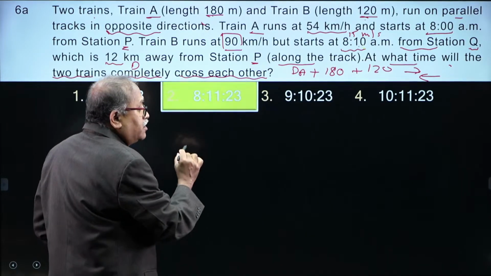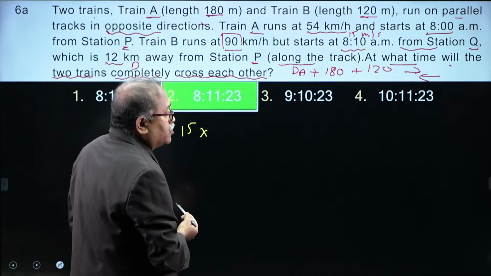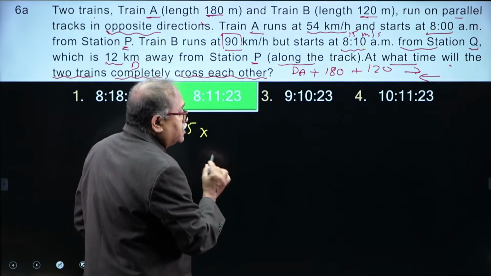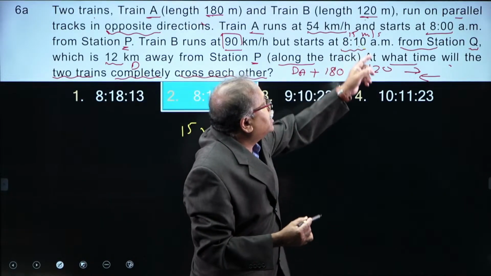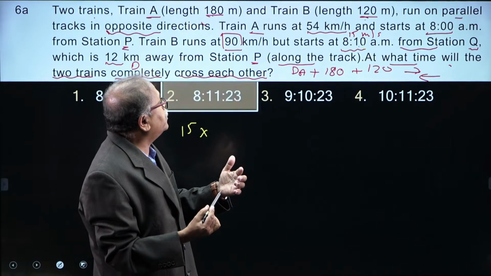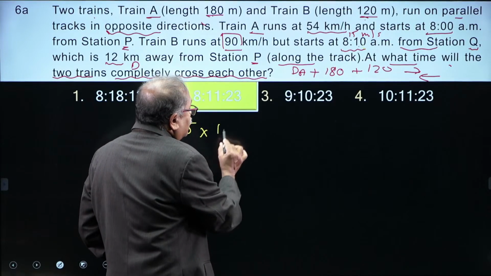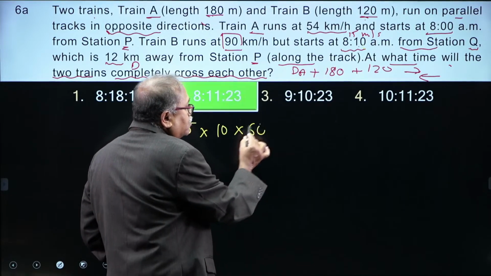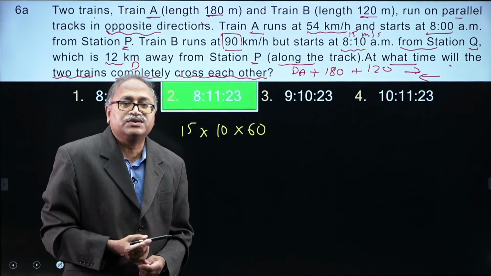Am I right over here? So, that is 15 into 10 minutes. I need to convert this in terms of seconds. So, that is 10 into 60, because each minute carries 60 seconds.